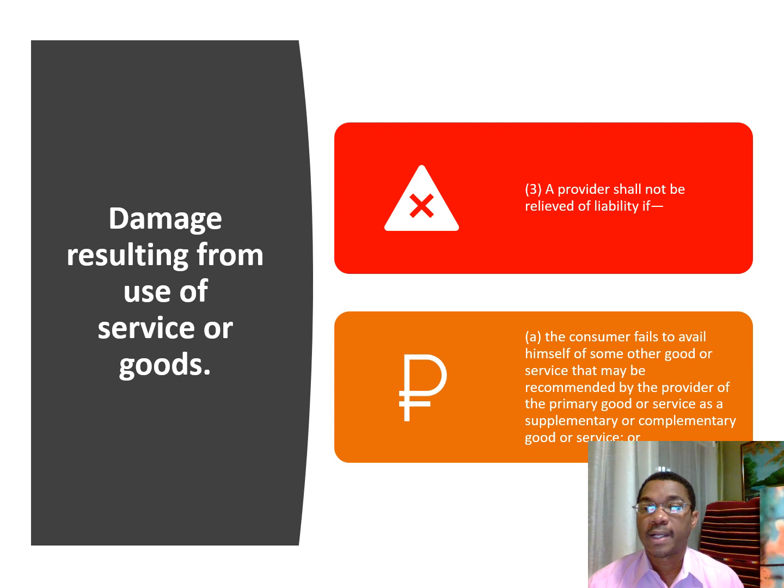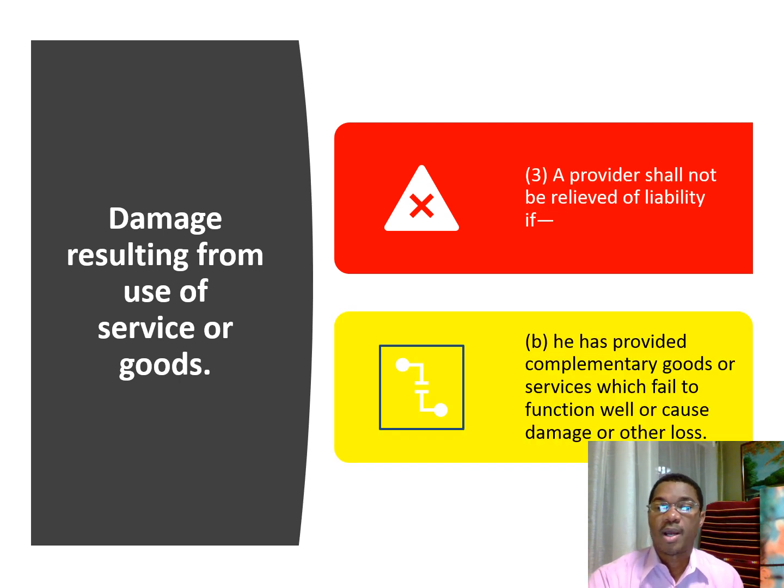Now, the provider shall not be relieved of liability if the consumer fails to avail himself of some other good or service that may be recommended by the provider of the primary good or service as supplementary or complementary good or service.